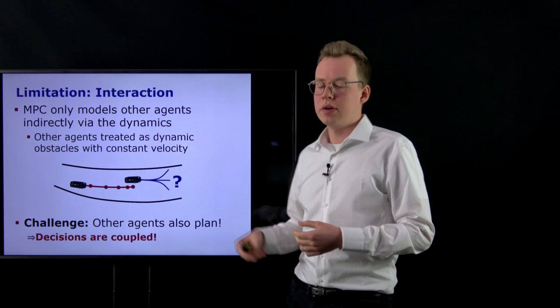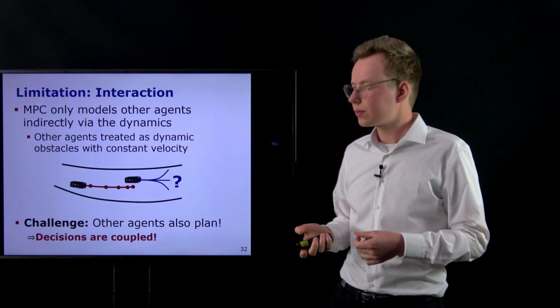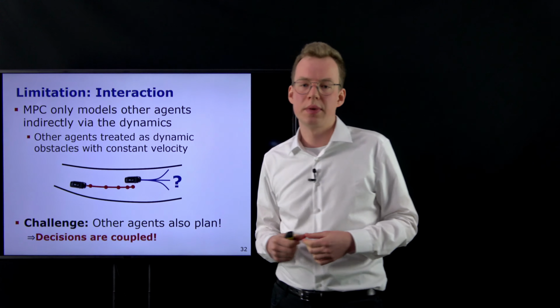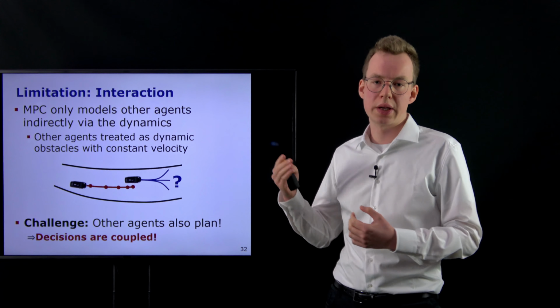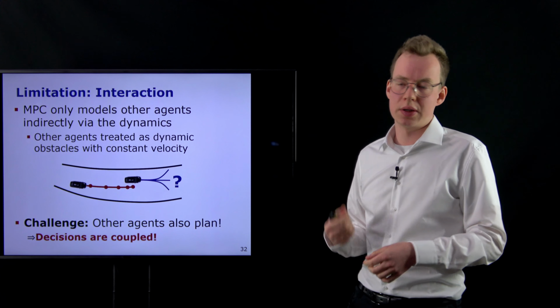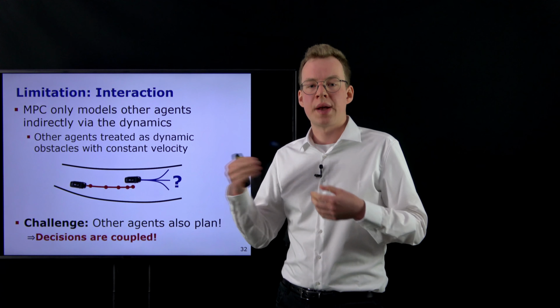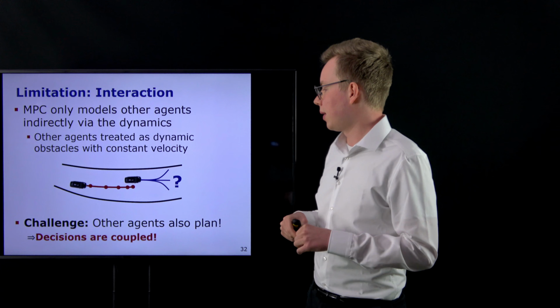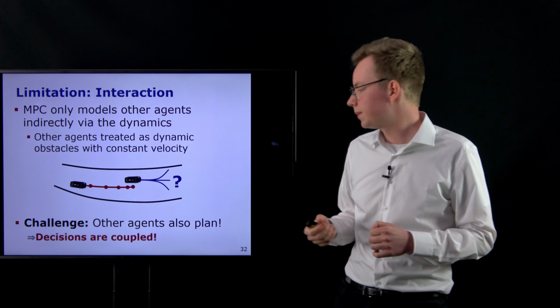And one very traditional way that we could use to do this is that we can treat other players as dynamic obstacles. So we can predict where they will be in the future with some motion model, for example, a constant velocity model, or with some more elaborate model that we're getting from some prediction pipeline externally.